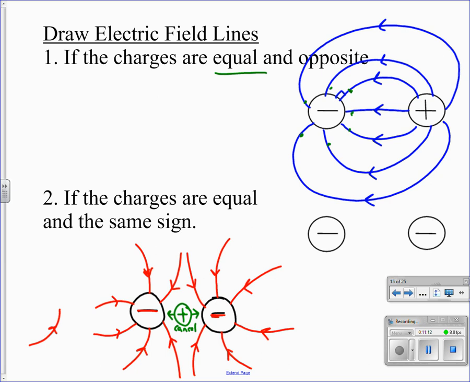So exactly in the center, the fields do cancel because the forces on a charge cancel. There is no field right between these two charges, and my field lines show no field right in that center.